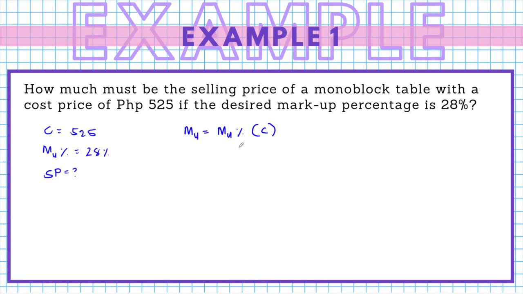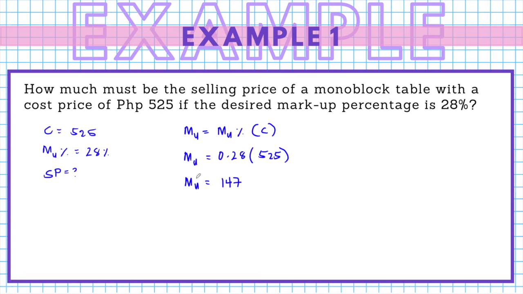Now, using this formula, we can substitute whatever is given. We have markup is equal to 0.28 times 525. So please take note, instead of using 28%, I use its decimal equivalent, which is 0.28. So our markup is equal to 147 pesos.